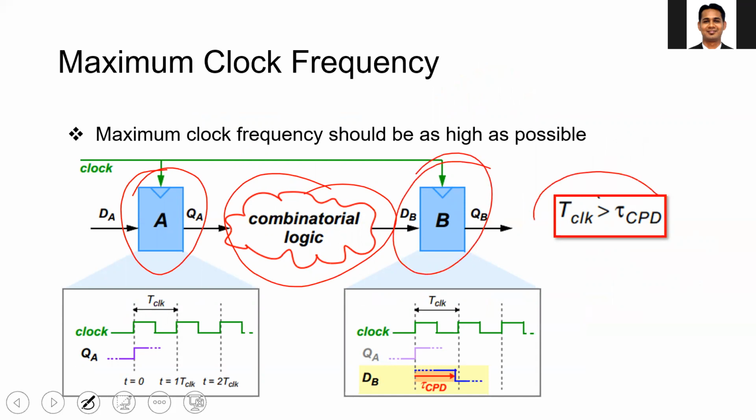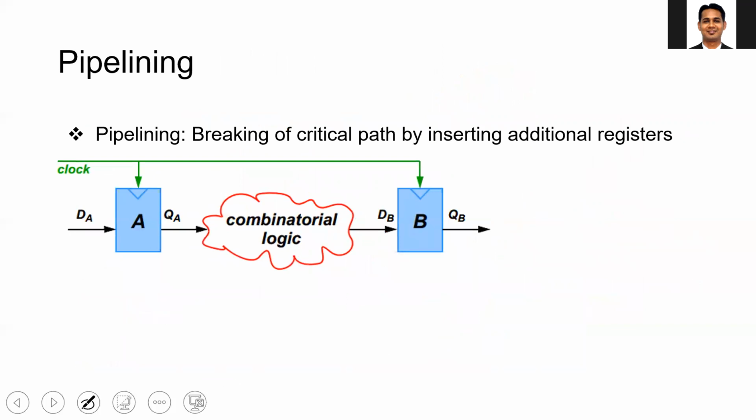As of now, my clock period should be greater than the combinational critical path delay, which is tau CPD. So I have some minimum bound on the clock period, but I want to go below this bound. What is the option? I need to add pipelining.